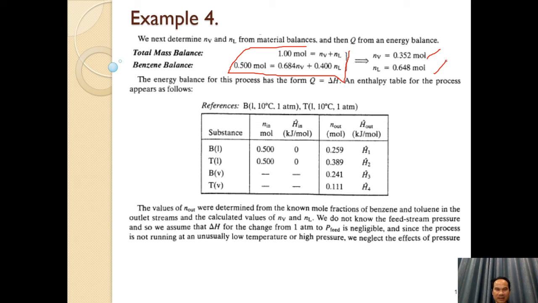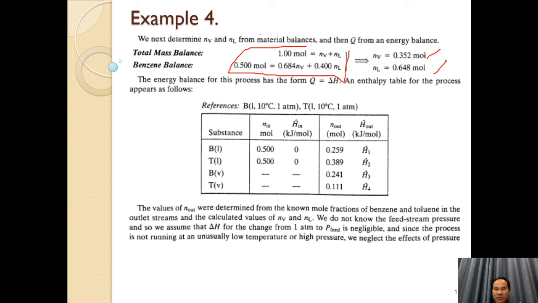Now we have only one unknown, Q. Q equals delta H. For this step, you have to consult the table of enthalpy. We have two components, benzene and toluene, and two phases, so benzene liquid, toluene liquid, benzene vapor, and toluene vapor. For this case, we know the table of enthalpy for benzene and toluene. We have to choose one state as the reference, but mostly we use the liquid phase as the reference.